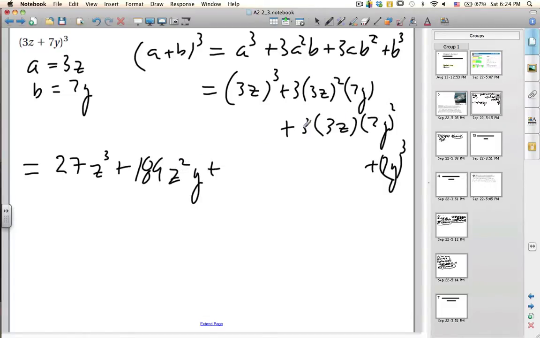And we move on to the next term. I'll have 3 times 3, which is 9, times 7 squared. So we'll have 9 times 49, that's 441 z y squared, and then we'll have 7 cubed, so that's 7 times 49.